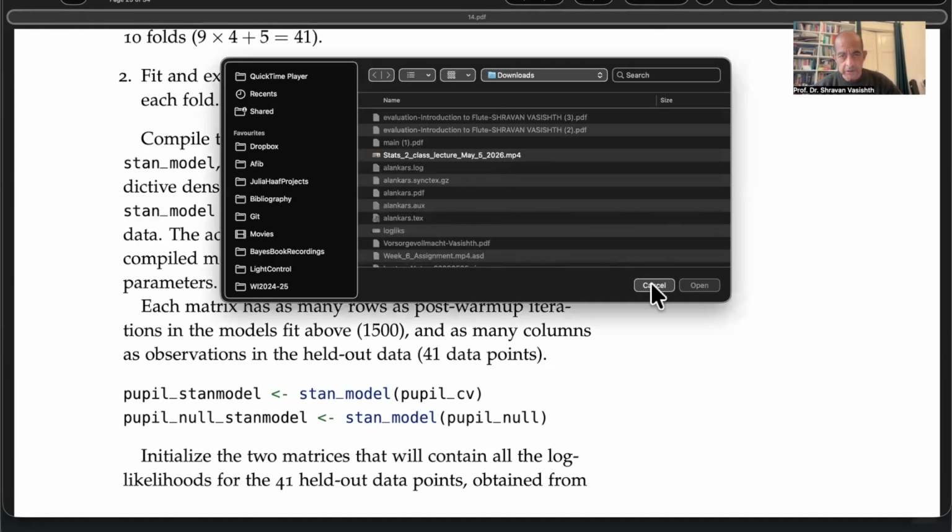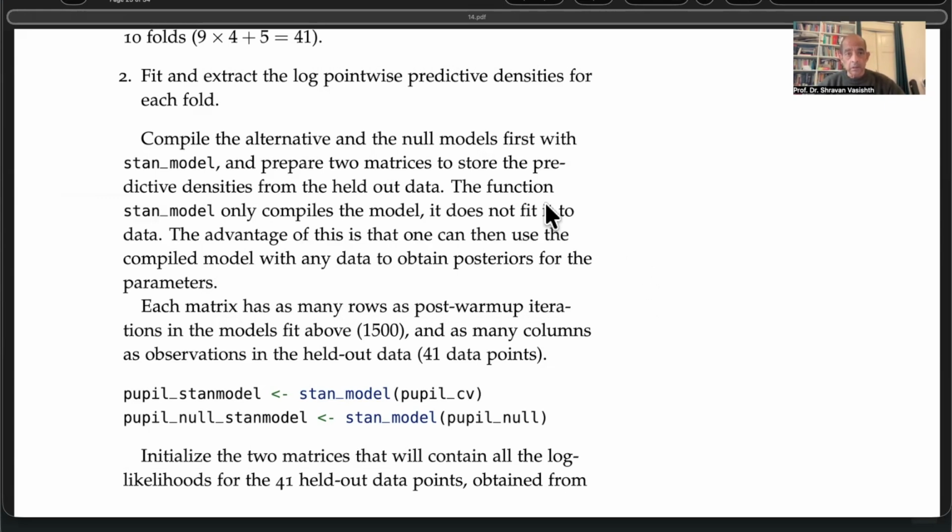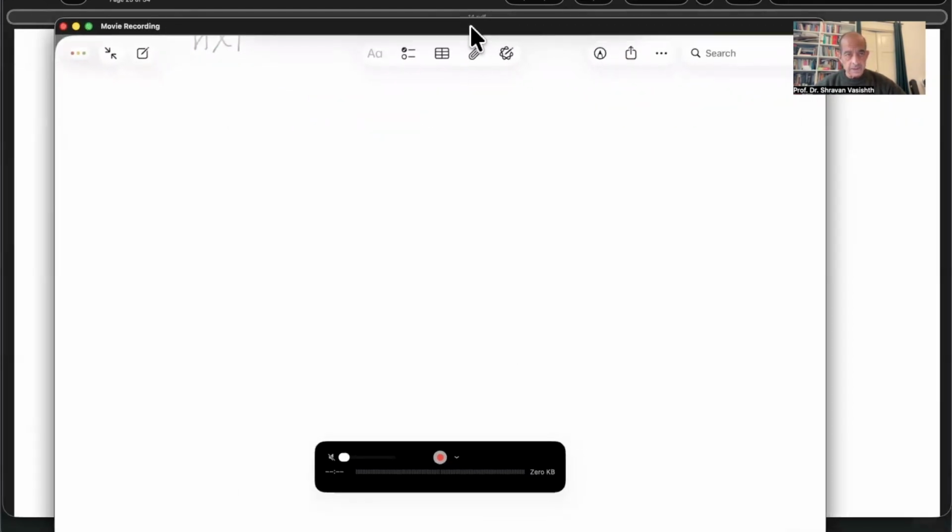Just one moment. Let me just start up my QuickTime. Okay, finally I've got this going. I should have prepared the iPad in advance.